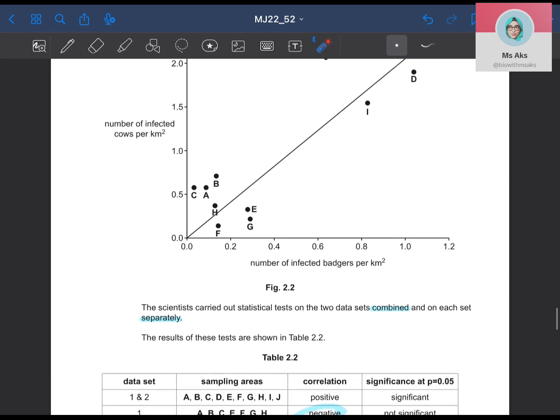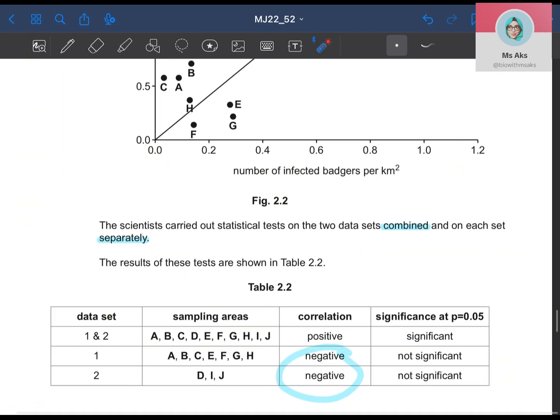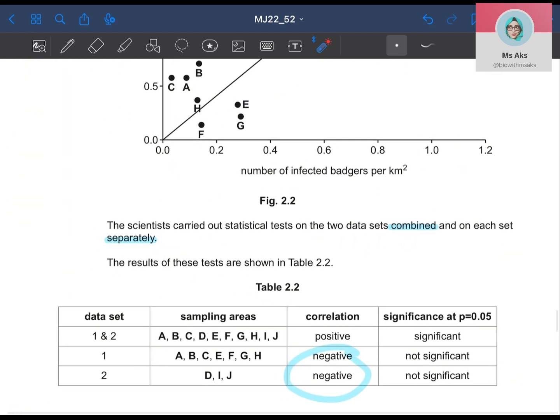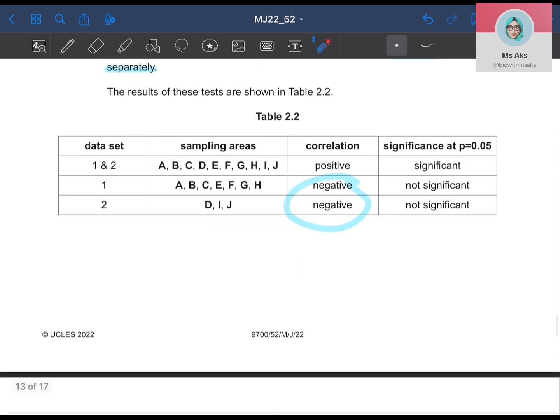Okay, so the scientists carried out statistical tests on the two data sets combined and on each set separately, and the results of these tests are shown in table 2.2. All right, so from here we have table 2.2. We have data sets where it's combined and separate.